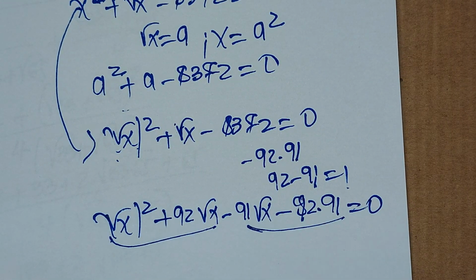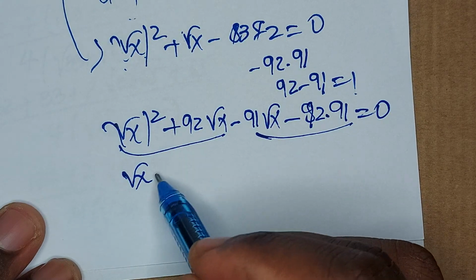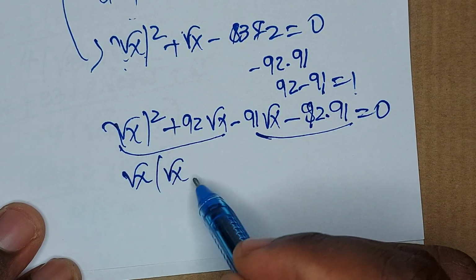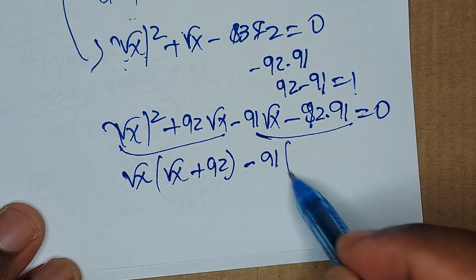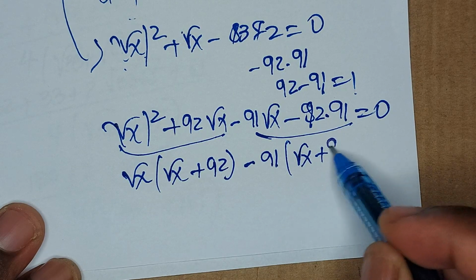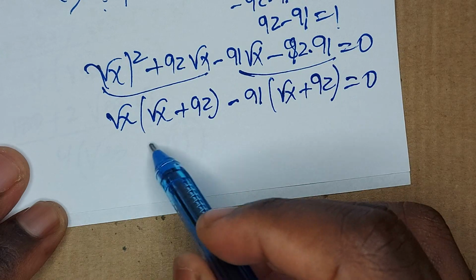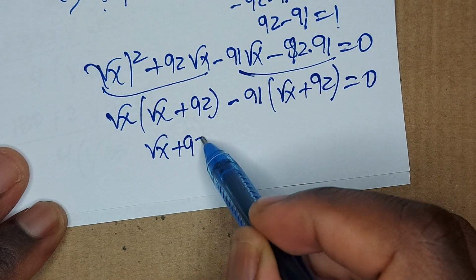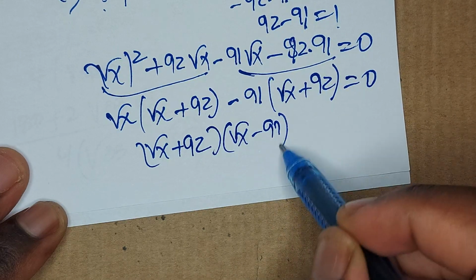Let us factor these terms. We have square root of x times the bracket square root of x plus 92, minus 91 times the bracket square root of x plus 92, equals 0. So square root of x plus 92 multiplies square root of x minus 91, and this is equal to 0.